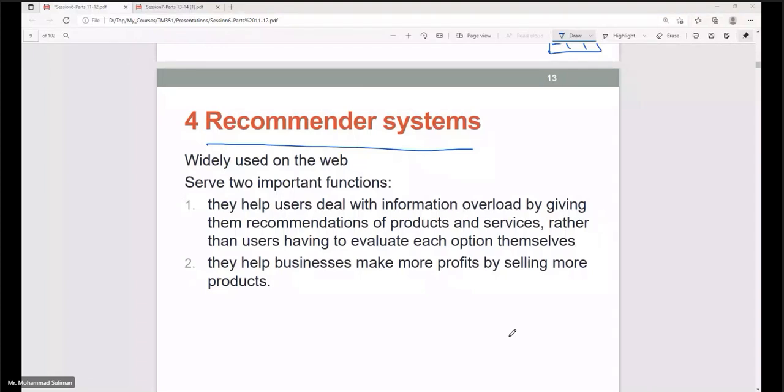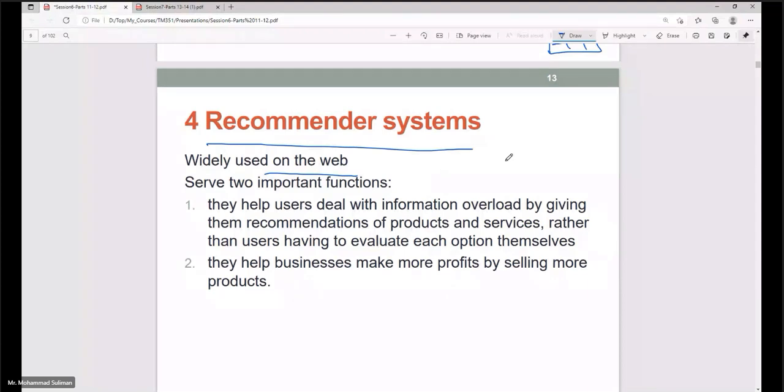Okay, so recommender systems are widely used on the web. For example, we have e-commerce websites like Amazon, Noon, or eBay. In any online web application, we see that these recommender systems are used. They serve two important functions.